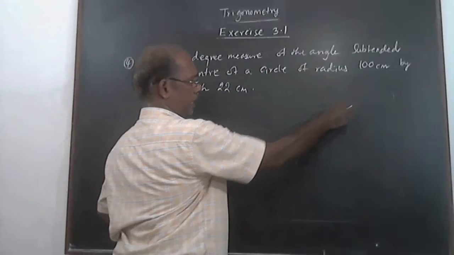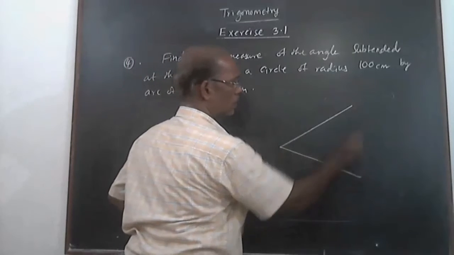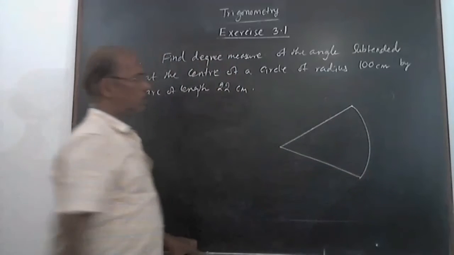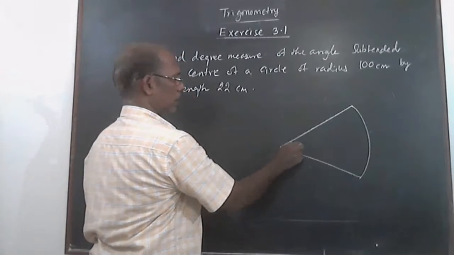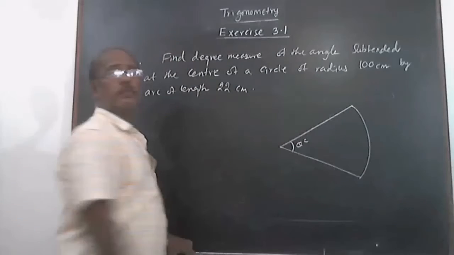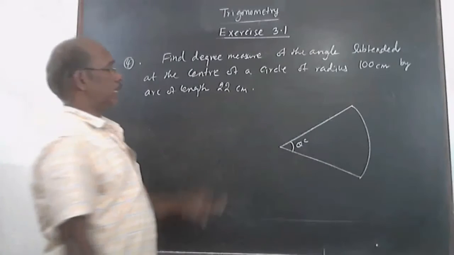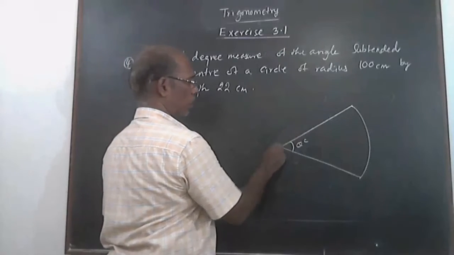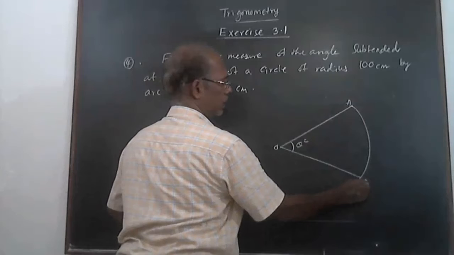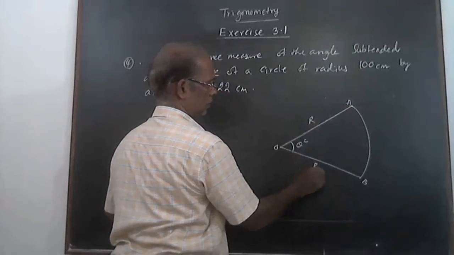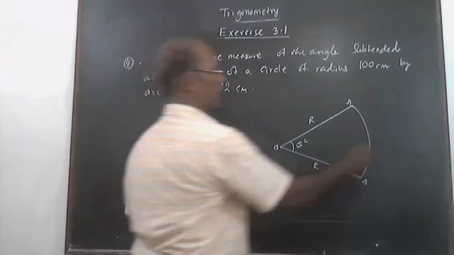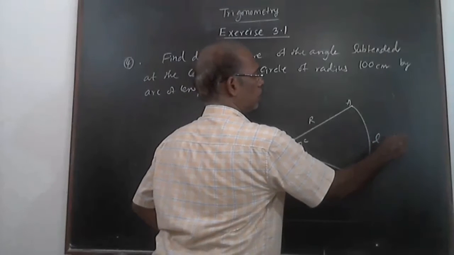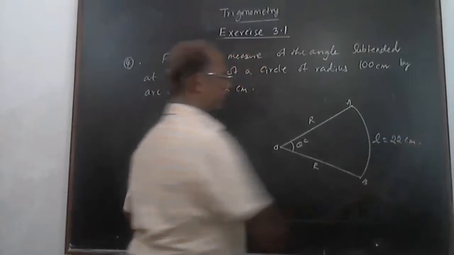Listen, if you consider a sector with a central angle theta in radian, the radius of the sector OAB, and the arc length AB is 22 centimeter, L equal to 22 centimeter.